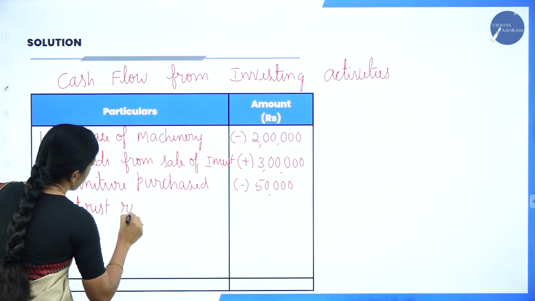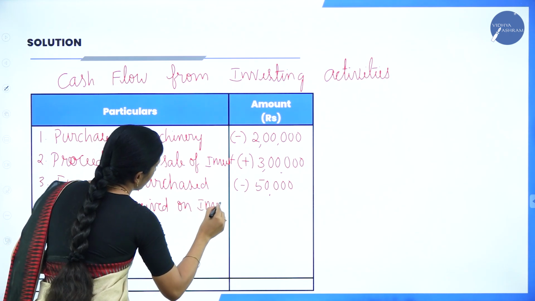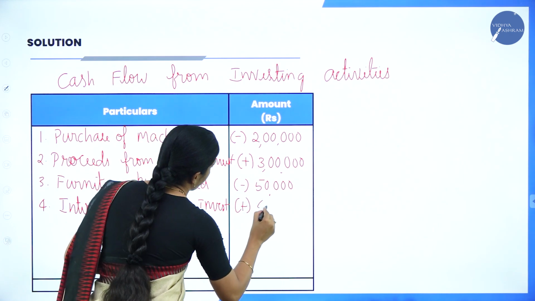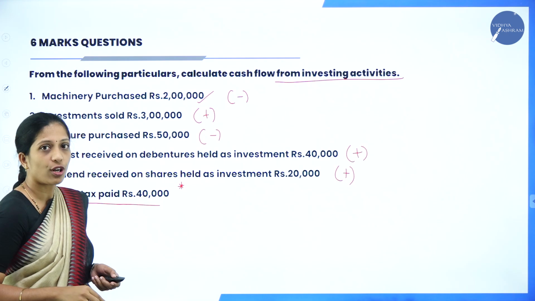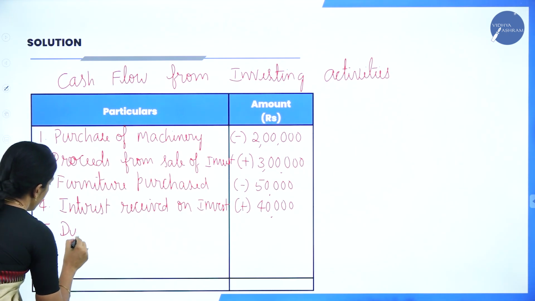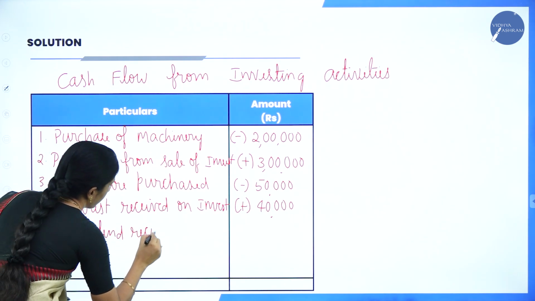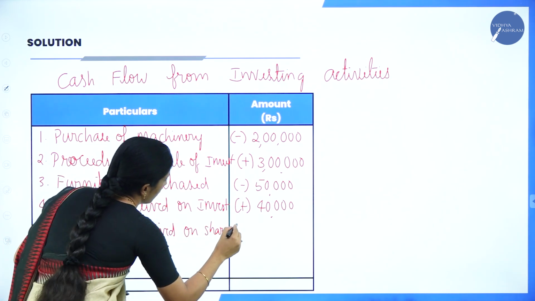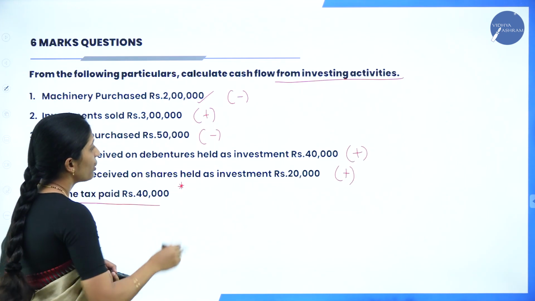Interest received on investment, that is plus 40,000. Next one, dividend received on shares, so plus 20,000. Dividend received on shares, plus 20,000. So hope you are clear.